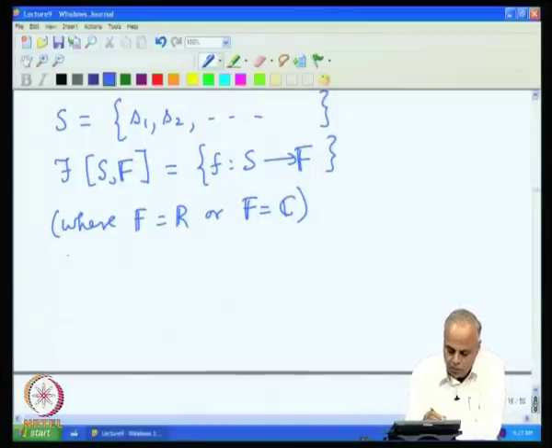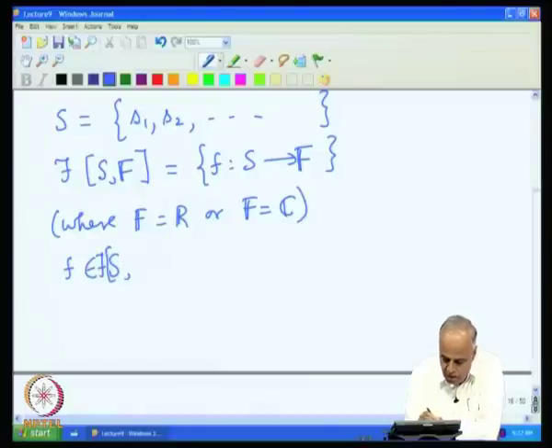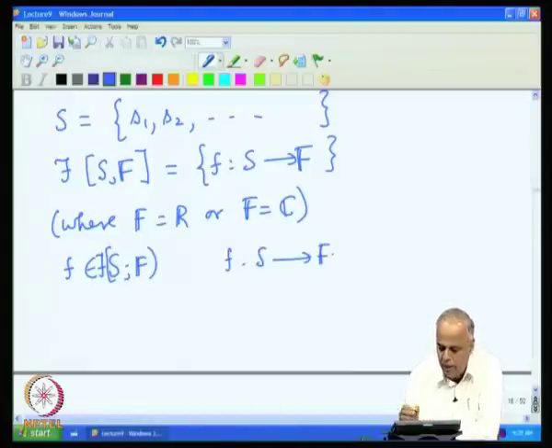Now, consider the set S and the set of all real valued or complex valued functions on this. Now, if you take any function f in F(S, R), so we have f mapping S to F, so either a real valued function or a complex valued function.